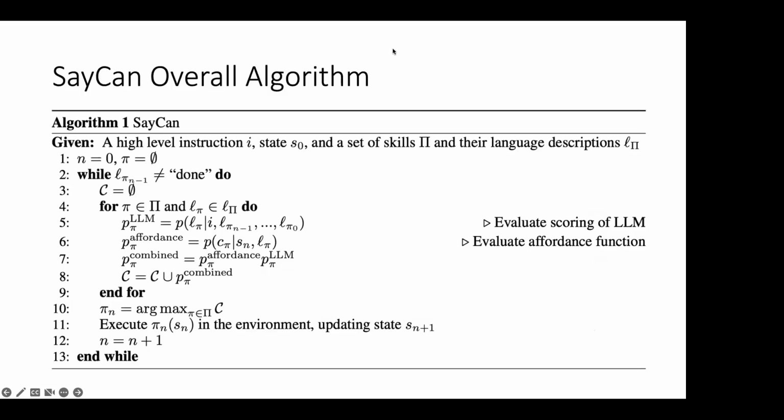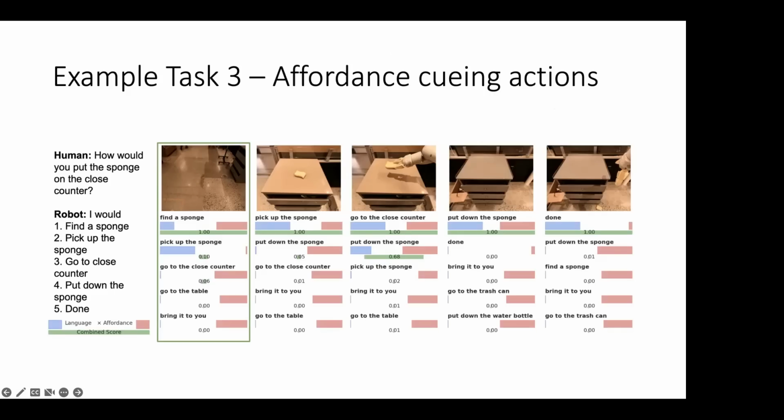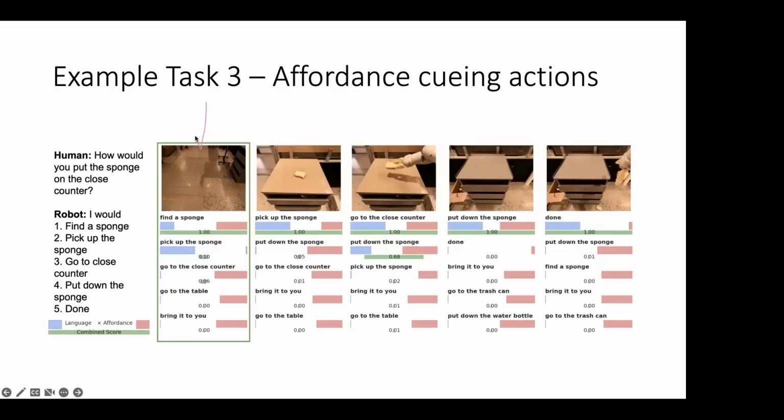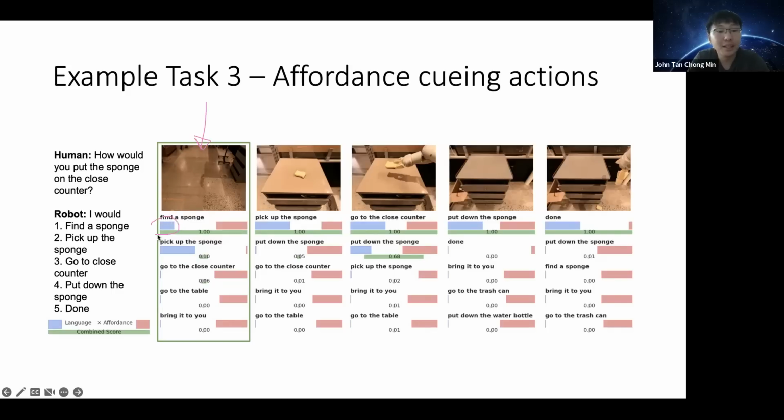Sorry, one question. Go ahead. For the first case, since the output from the language model is sequential, why would you say the second one is not feasible? I don't understand. You're talking about this find the sponge, pick up the sponge, this picture here? Yes. You can see that the longer the bar means the more probable it is.